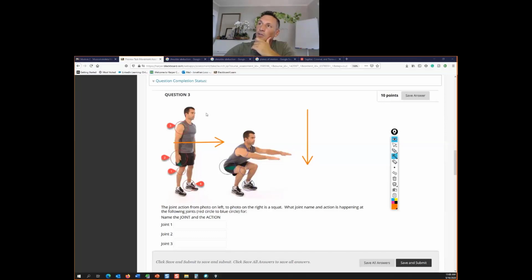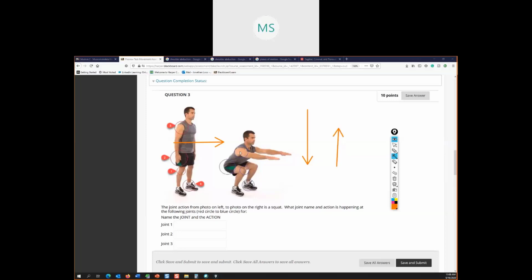Now, even though his body went down, his arms did what? They went up. So is that with gravity or overcoming gravity? That'd be against gravity, so it'd be concentric. Concentric, perfect. And that would be the shoulder flexors working concentrically. And then when he goes to this position, that would be the same muscles, the shoulder flexors working eccentrically. Awesome. Thank you.